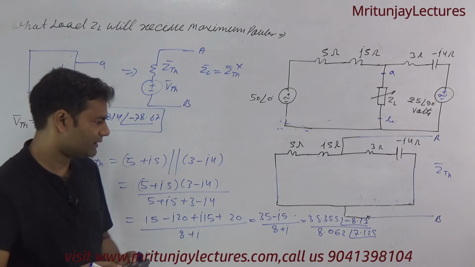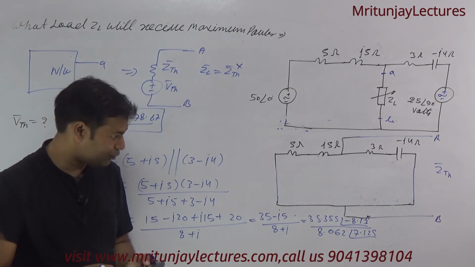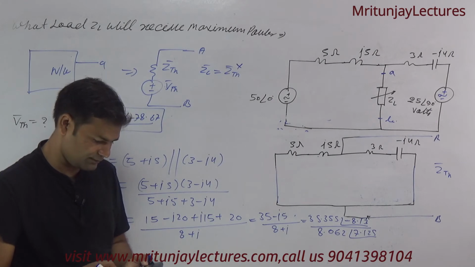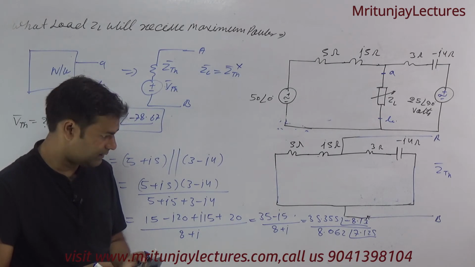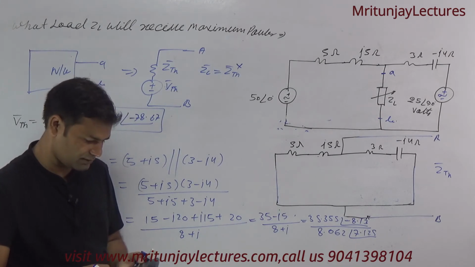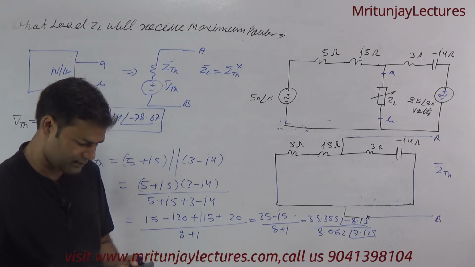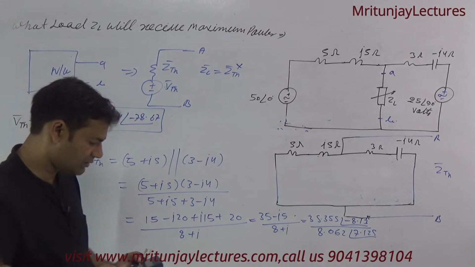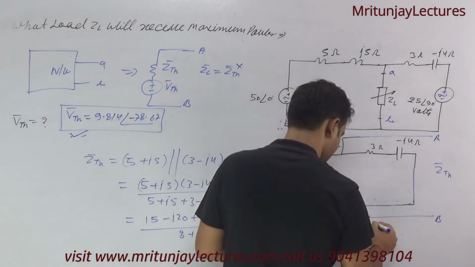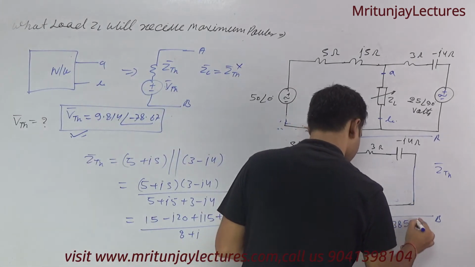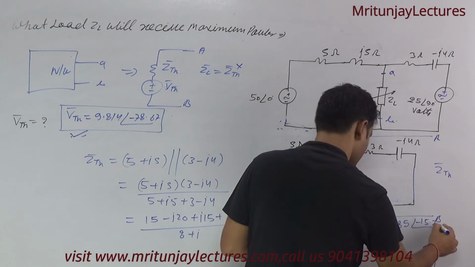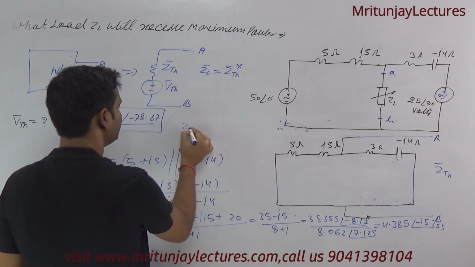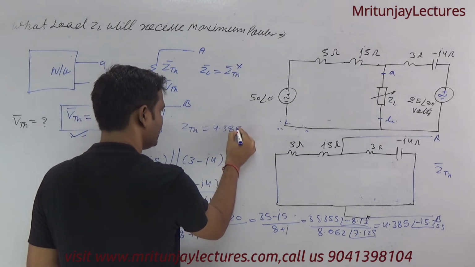So finally we got 35.355 at the angle minus 8.13 divided by 8.062 at the angle 7.125, and finally we got 4.385 at the angle minus 15.255. So we got ZTH.